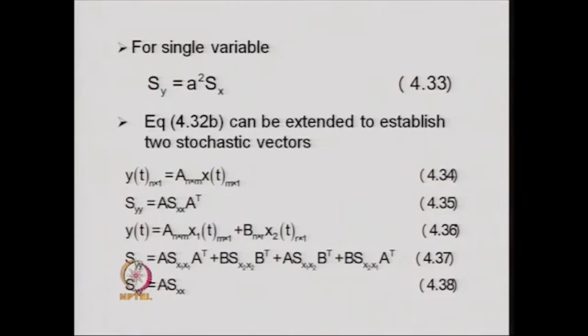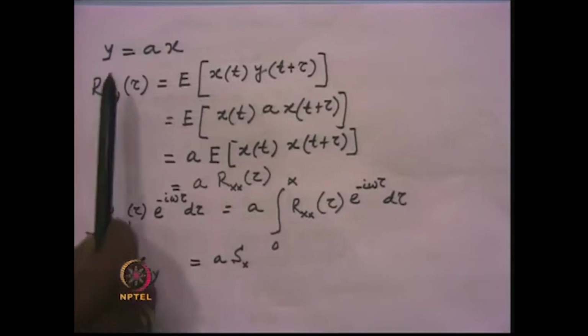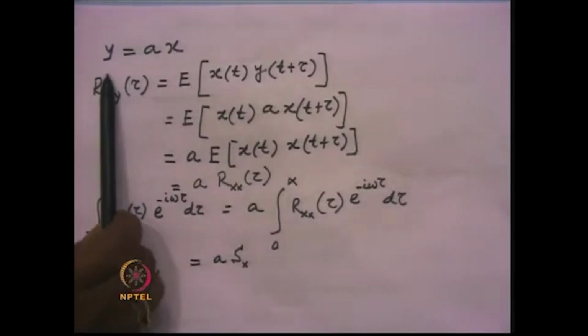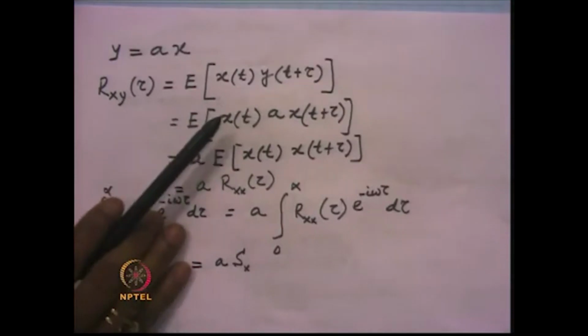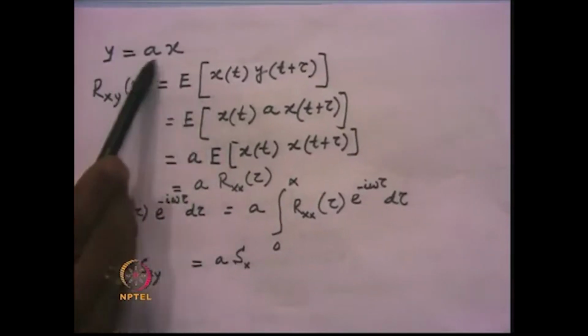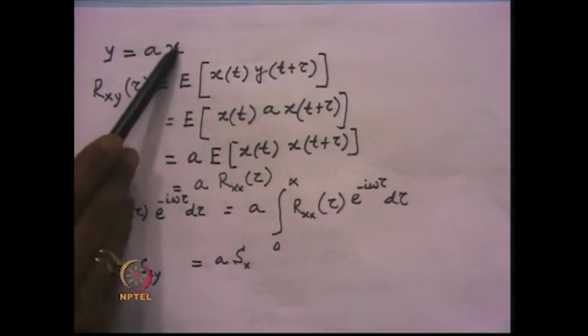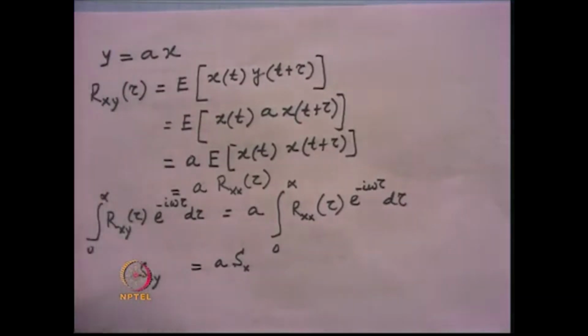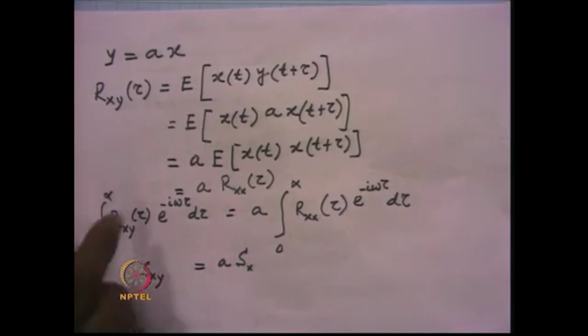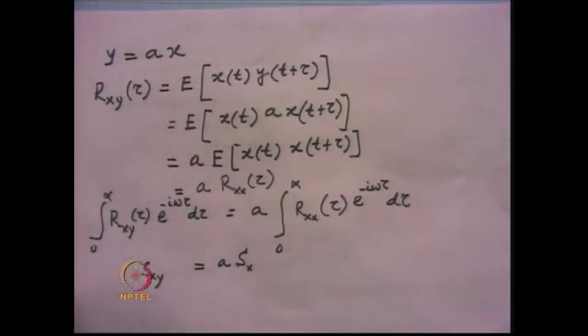That can be easily proved with the help of a simple equation. If we write y is equal to Ax, where A is a simple constant, x is a random process, and y is another random process, then one can write down r x y tau.